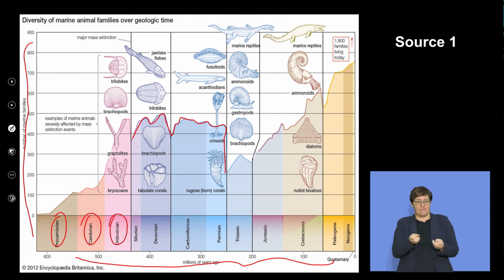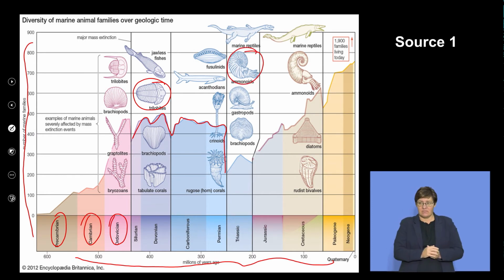And what this shows, which none of the other ones we've looked at so far, it actually shows us some of the animals or plants that were most affected by those mass extinctions. For example, trilobites, which became extinct. Ammonoids, the nautilus, which became extinct.